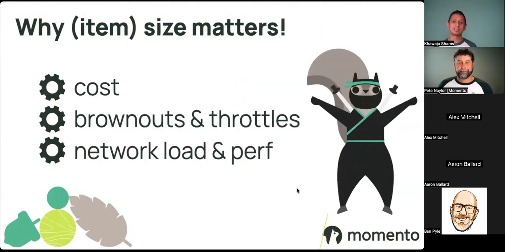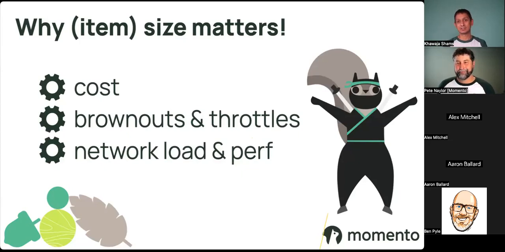Item size can be used to reduce your cost, and it can actually be meaningful in avoiding brownouts and throttles. So in DynamoDB, a single item can be written about 1,000 times a second if that item is 1 kilobyte or less. If your item is suddenly 1 kilobyte and a byte, you can only update it 500 times a second.